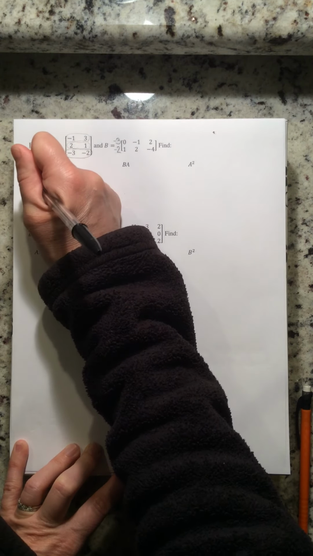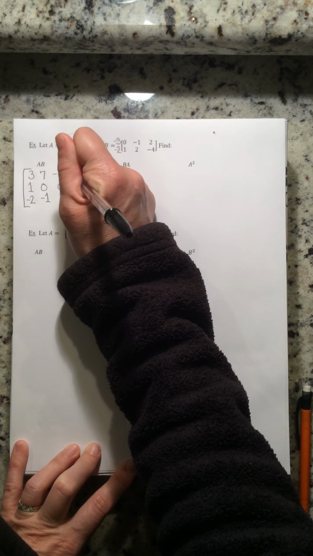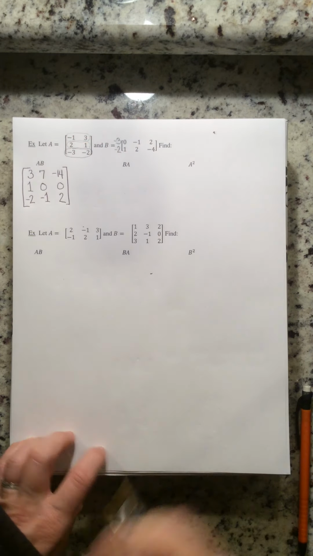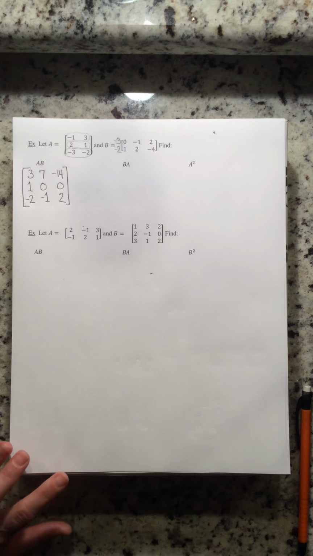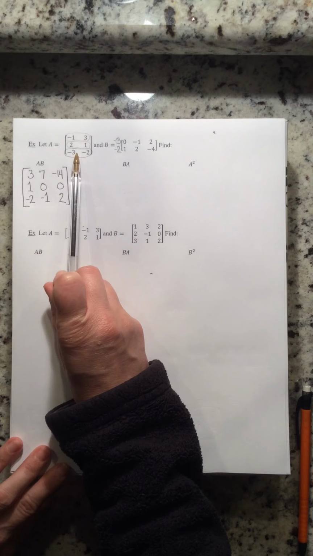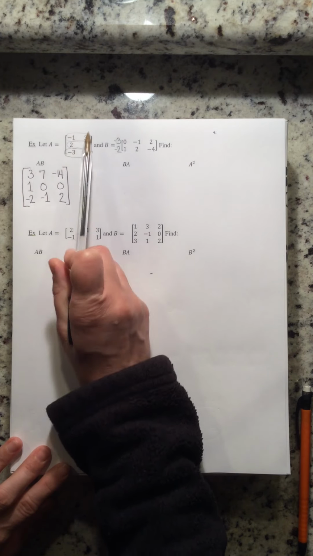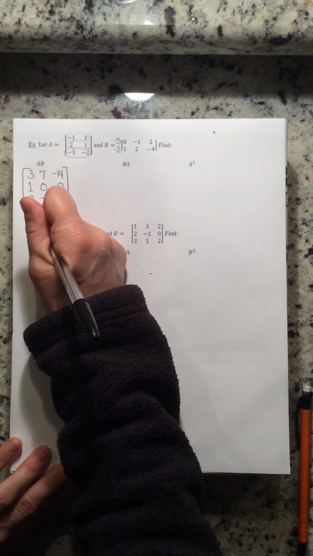And I want you to note the size of matrix AB, and let's see if the size of matrix AB makes sense. Remember, we said matrix A was a 3-row, 2-column matrix, a 3x2 matrix.